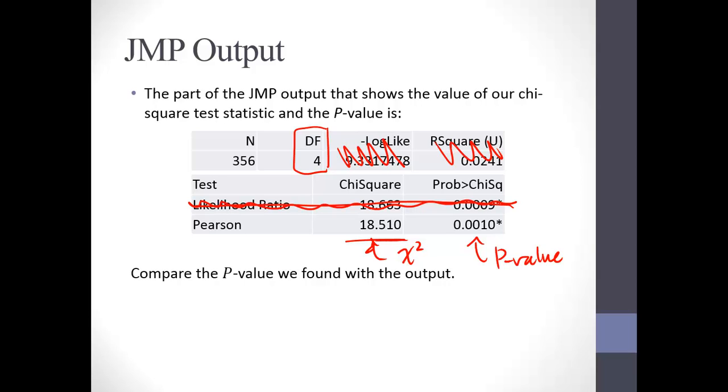Questions you guys have on the output or anything else? Yeah. So you don't need to compare the p-value to an alpha. You just compare your Pearson chi-squared value to your degrees of freedom. Yeah. So do you need to compare? So we will still compare our p-value to an alpha. So that's kind of our next step.